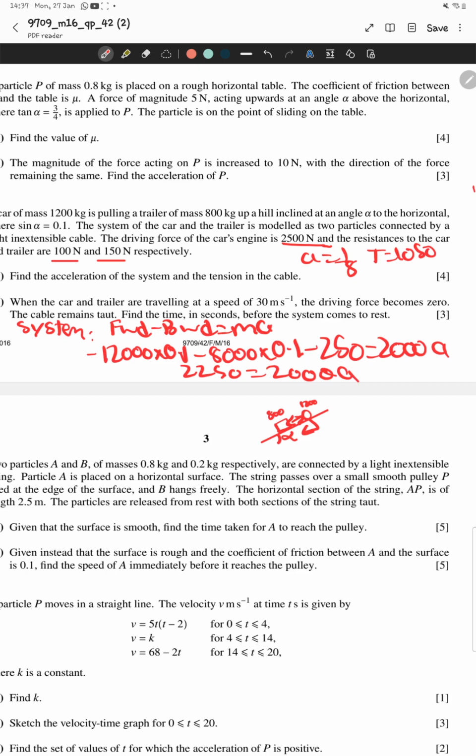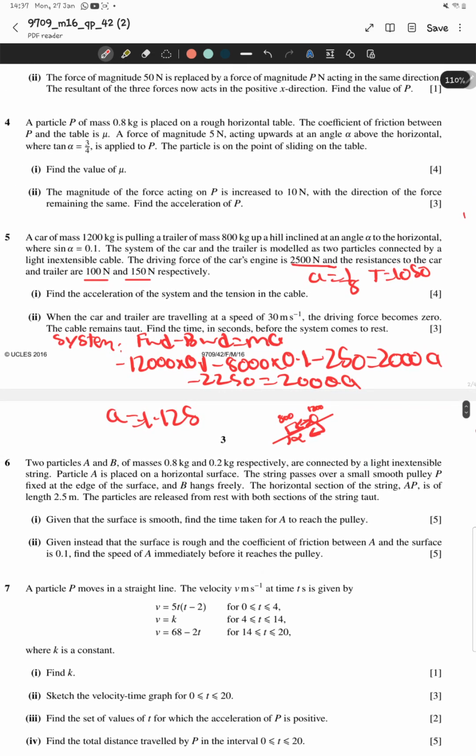So just divide it and you get A as 1.125, which will obviously be negative because it's backwards.